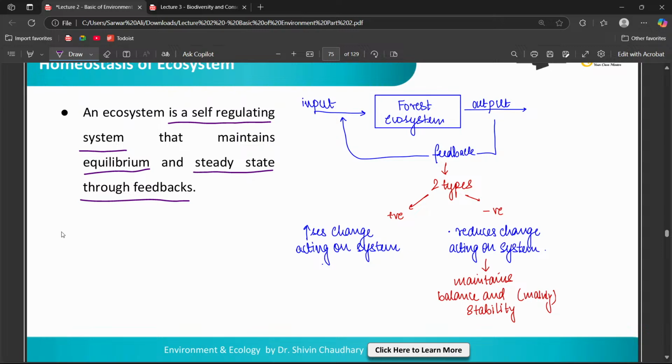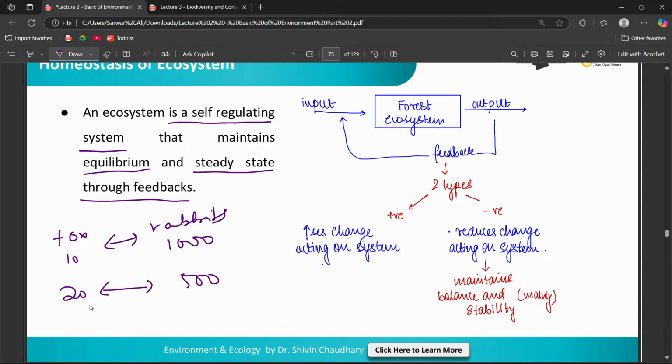To understand this, let's take an example of fox and rabbits in a forest. There are 1,000 rabbits and 10 foxes. This is balanced. Now let's say some foxes migrate to this area and it becomes 20 foxes. So they will be eating more of the rabbits, and now you only have, let's say, 500 rabbits. If this increases further, the rabbits will reduce.